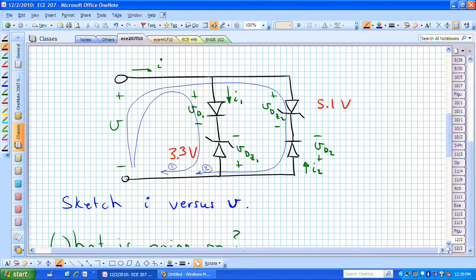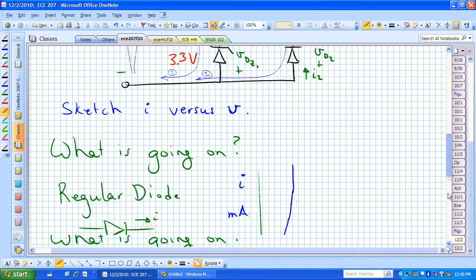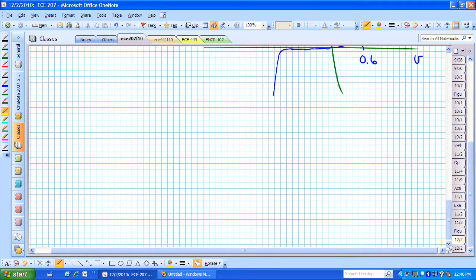What I want to do now is try to understand what's going to happen with the current flowing here relative to the voltage across that two-terminal device. If you look at that circuit, let's go ahead and suppose that the voltage V is positive.